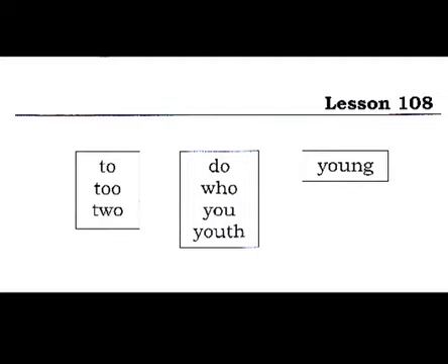Now, the other family is where the O stands for the sound oo, as in do, who, you, and youth. D-O is do. What do you want to do? Who, of course, we know. Who are you? Y-O-U is you are here. Youth is a word that stands for young people.